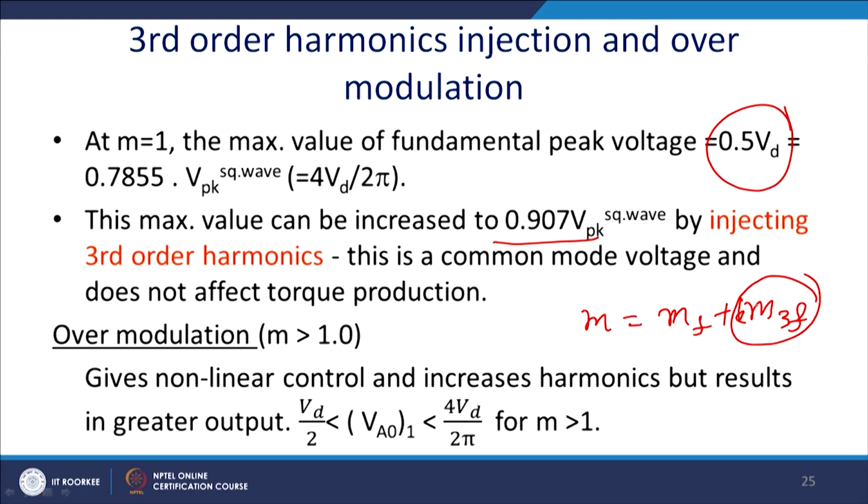Depending on the value of k, we have different kinds of strategy. Students are requested to take two values, 1 by 6 and 1 by 4, and check what are the two conditions where the THD is minimum, and another case where you will have maximum utilization of the DC bus voltage.